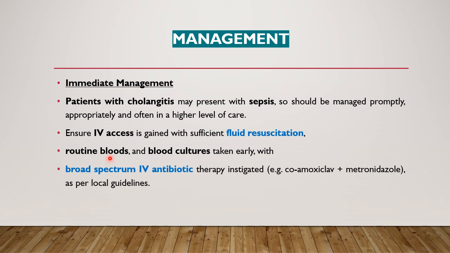Routine blood tests, which I've already mentioned earlier under the case discussion, and blood cultures must be taken early. As soon as the patient comes in and you suspect cholangitis, jaundice patient with fever, you must do a culture so that you can get the results and modify your antibiotics according to the culture report.